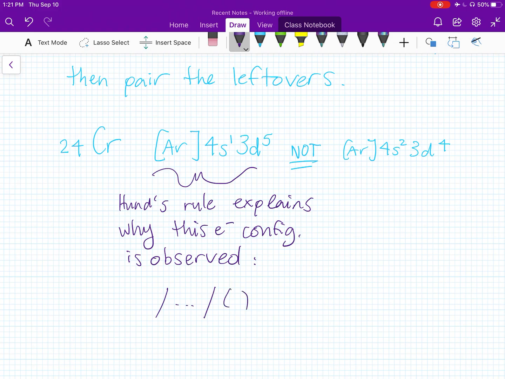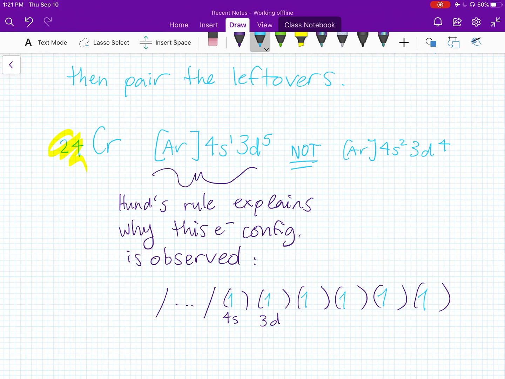And then I'm going to make a 4s orbital and then the 5 3d orbitals. Okay, so let's start filling up the electrons in chromium. I have 24 electrons total, and 6 of those 24 electrons are going to be in the outer shells. So 1, 2, 3, 4, 5, 6 is what we actually observe.